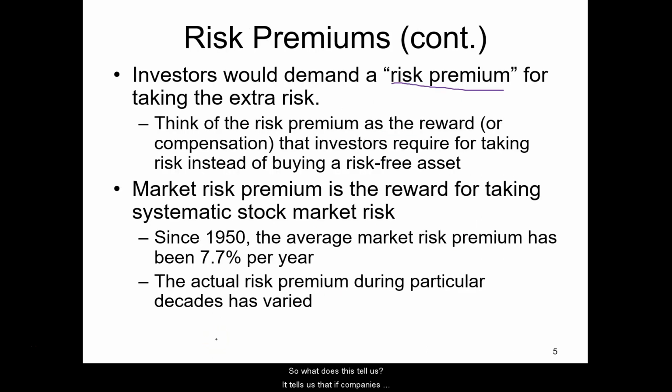It tells us that if companies like Tesla need to attract investors, they need to give investors a higher return, definitely higher than what treasury bonds can offer. In other words, investors would demand a risk premium, or say extra return, for taking the extra risk.